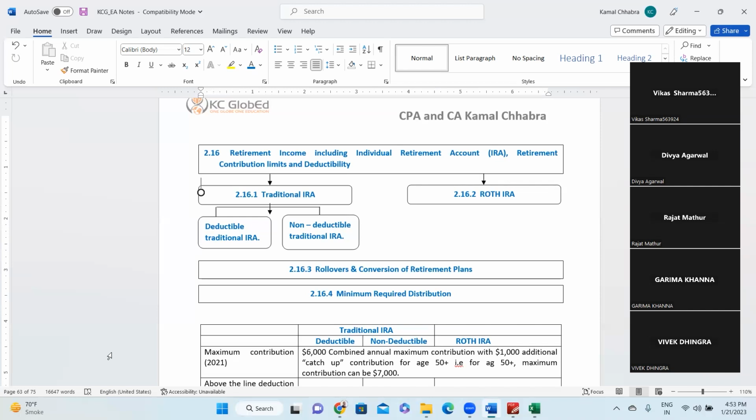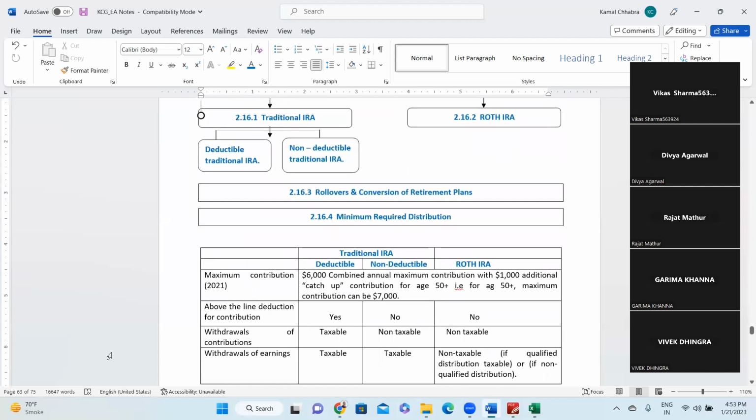In this topic, we'll be understanding rollover or conversion. Rollover and conversion means converting from traditional IRA to Roth IRA, traditional deductible to traditional non-deductible, traditional non-deductible to traditional deductible, or traditional non-deductible to Roth IRA. For any permutation or combination where you change your IRA status, we'll understand how to deal with it: what is taxable, when it is taxable and how much.